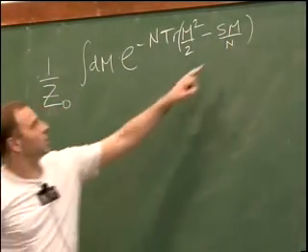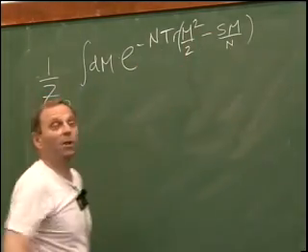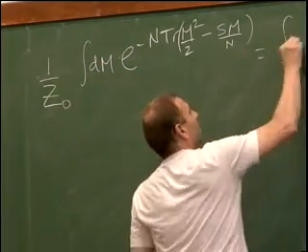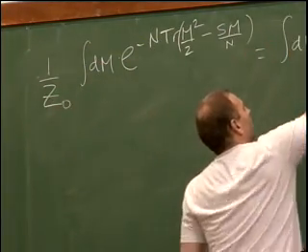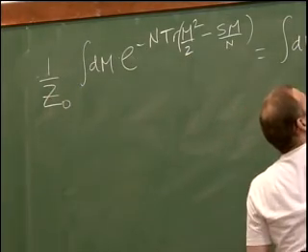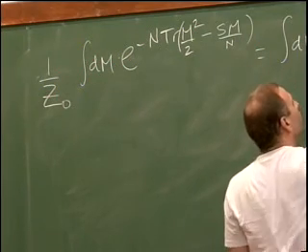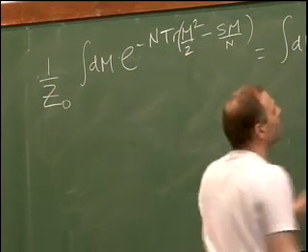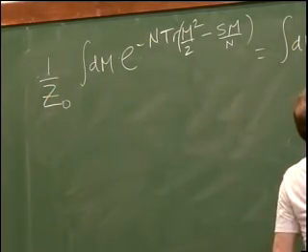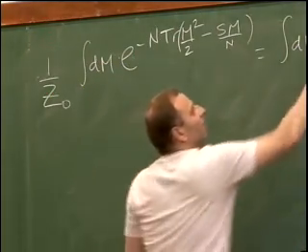I just have this over N here because there's an N in front. So I complete the square here. So I get the integral dM e^(-N trace (M - S/N)^2/2). And of course, I have to add up whatever I have subtracted, which is trace of S^2 over 2N. So all this is inside the exponential.